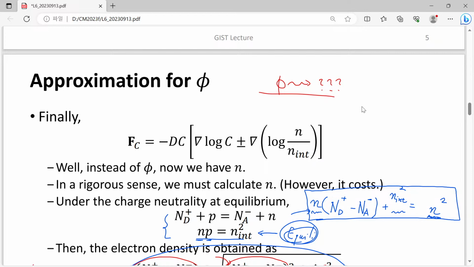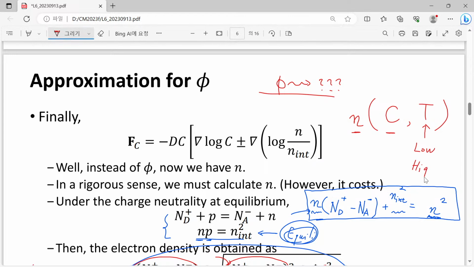So simply speaking, here we have N, and this is once again a function of concentration and temperature. And when we have severe dependence of electron density on the doping density, low temperature or high temperature, I'm asking you this simple question.